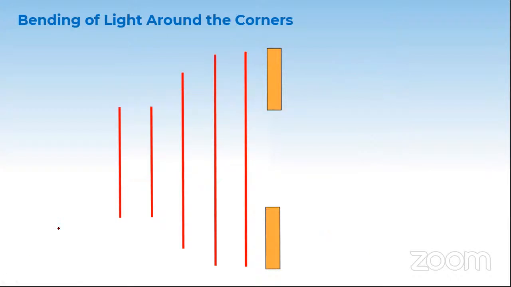Why it happens is very simple. If you remember Huygens' principle, look at what's happening here: when the light enters, this wooden block blocks all the light, and only where there is a slit is the light entering. Huygens said that every point on the wavefront will act as a secondary source.